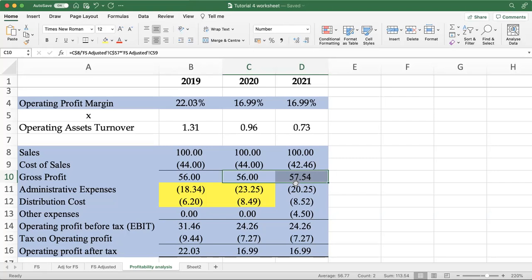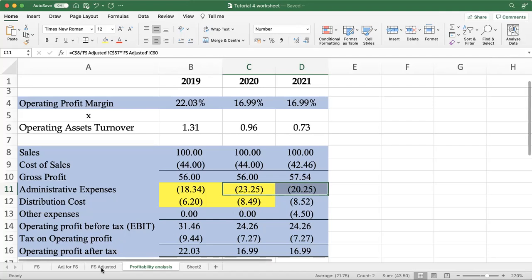You see administrative expense proportion decline. Usually that doesn't happen because administrative expenses are almost a fixed cost.